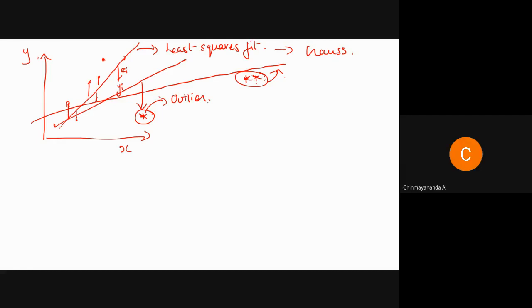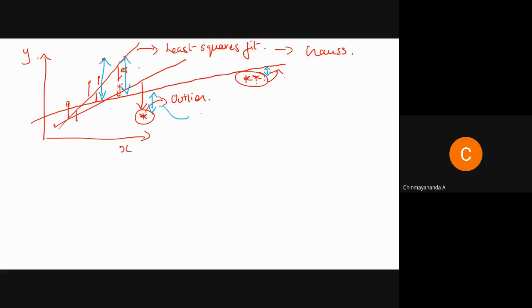So the problem is now how will you find out if there's an outlier? Because we want to detect an outlier. You cannot look into this error, that is e_i, to detect outliers. Now let me take green ink pen. You see the error with these two outliers.